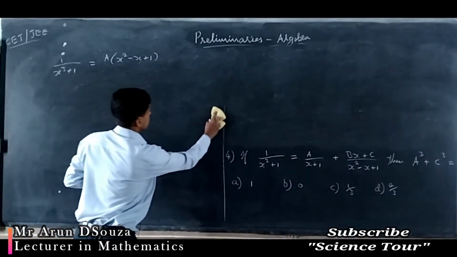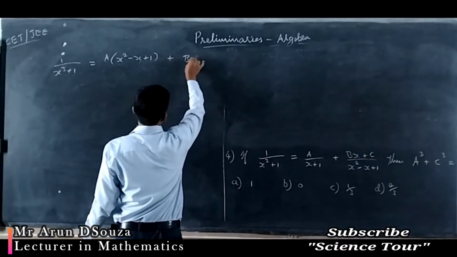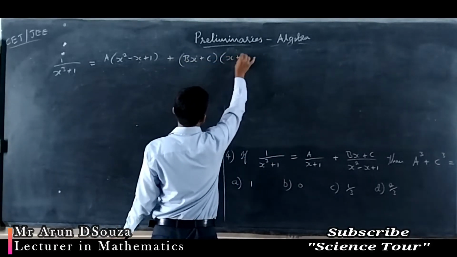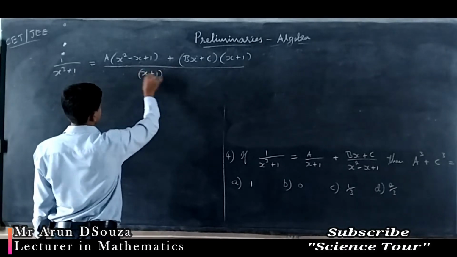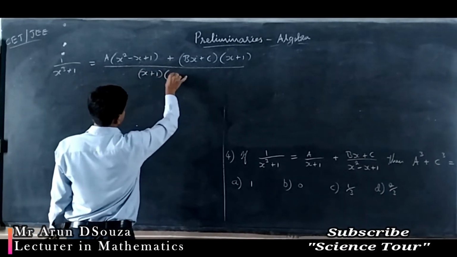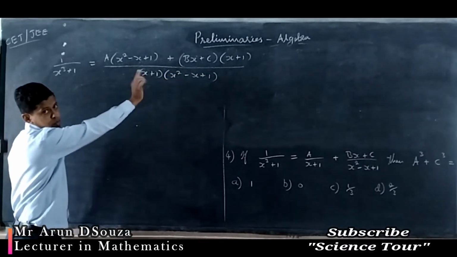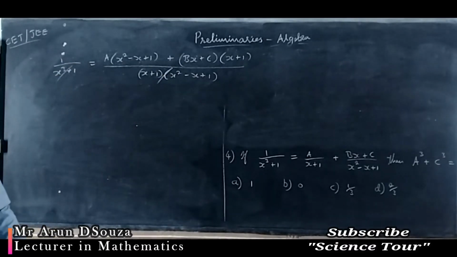So let's continue with taking the LCM. Plus bx plus c into x plus 1 has to be multiplied here, whole divided by, you got x plus 1 into x square minus x plus 1. This is x cube plus 1 and this is also x cube plus 1, hence that will cancel.